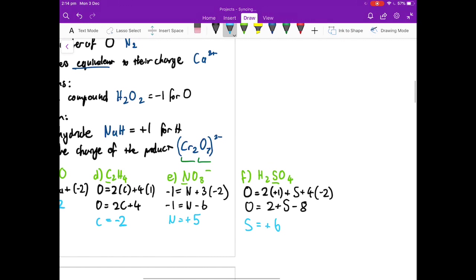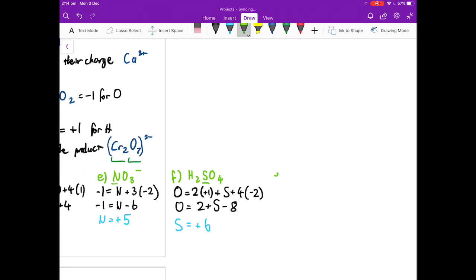And finally, let's do one more example. This is a bit of a tougher one. Let's do Cr2O72- like we talked about before. And we're trying to work out the value of Cr. So according to rule 5, we're going to have a total charge for this molecule of -2 because it's an anion with a charge of -2. And that's going to equal 2 times the oxidation number for chromium, and then we're also going to add 7 times -2 for oxygen.